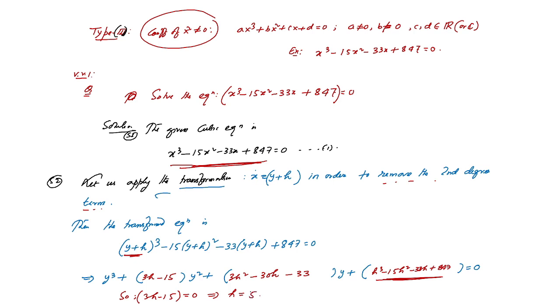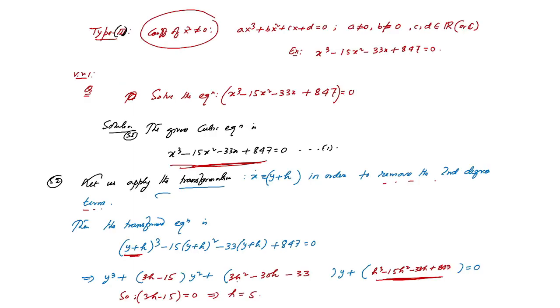And hence for h equals 5 the equation reduces to y cube minus 108y. Just put the value of h here, h equals 5.